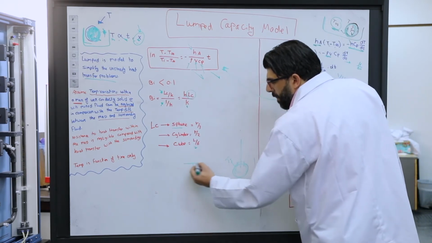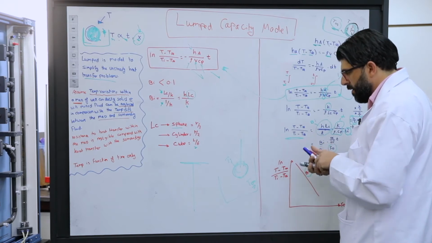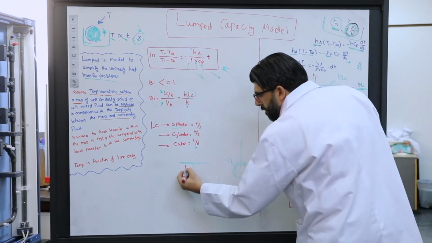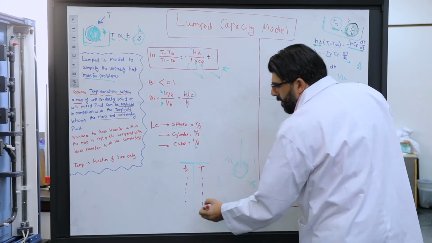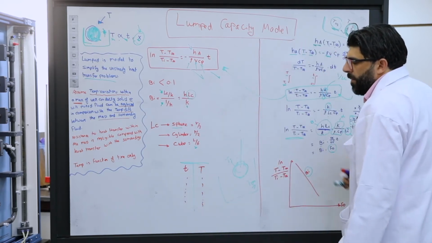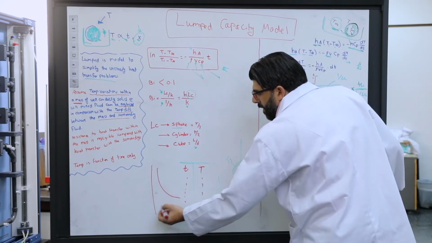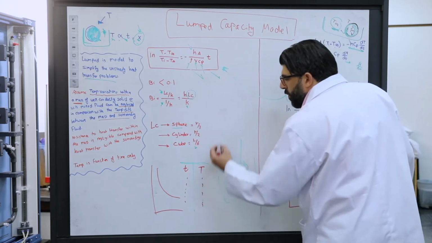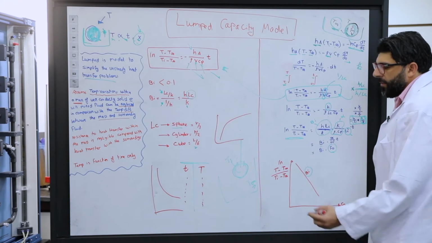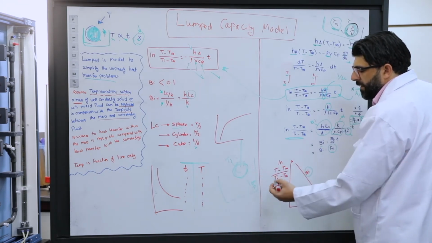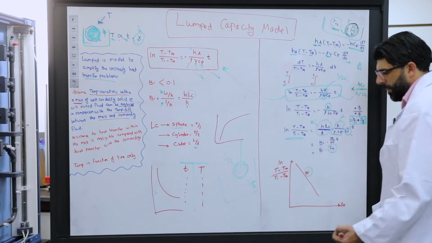So we have time and temperature, until it reaches equilibrium. For example, for cooling it will be like this, and for heating it will be like this. So we can find the T initial, we can find the T infinity, and we can find T with time.